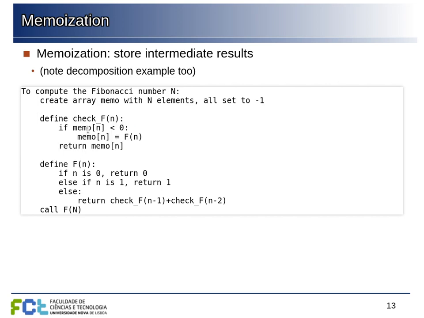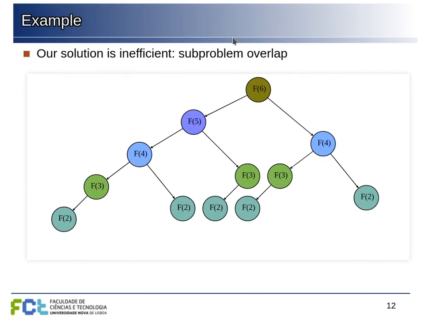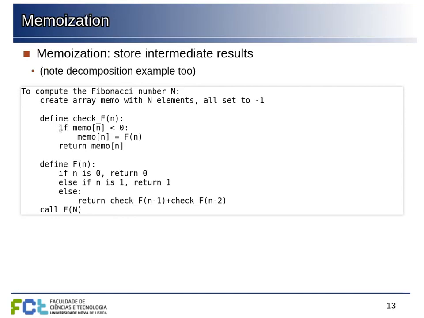So how do we do this? If we need, for example, here, we're going to need f5, and then f4, f3, and so on. This will check if the value for this n in our memory array is smaller than 0. If it is, it means we did not compute that yet. So we are going to store in our array, in that position n, the result of doing the computation for the Fibonacci number n.